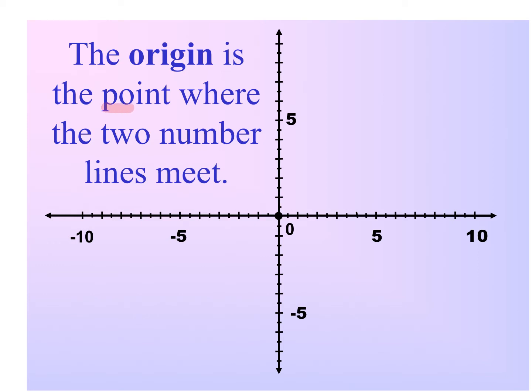And it's the point where the two number lines meet. Label your X and your Y axis. Right? My X axis. My Y axis. And my origin is right there in the middle.